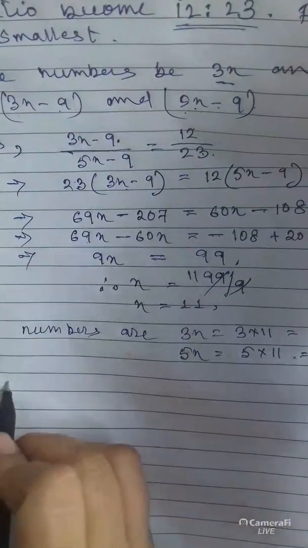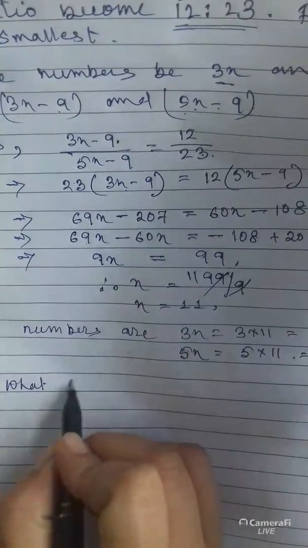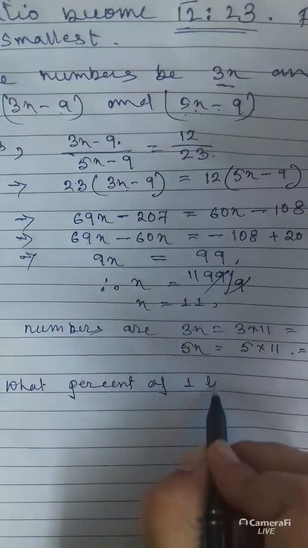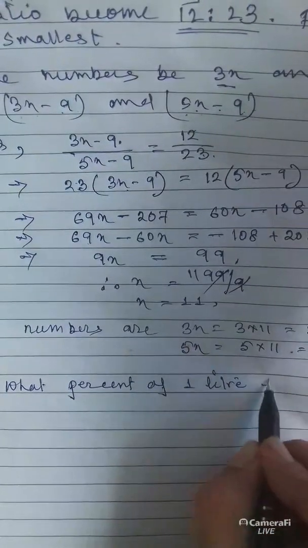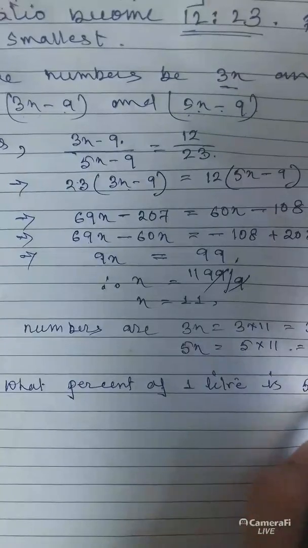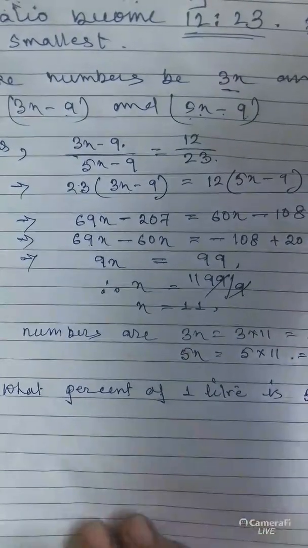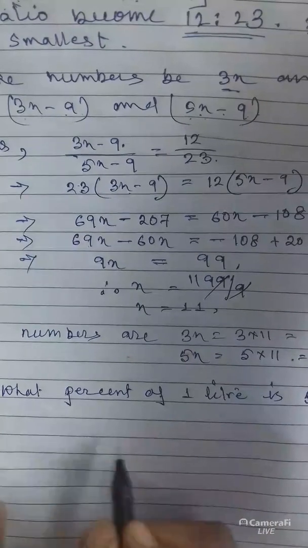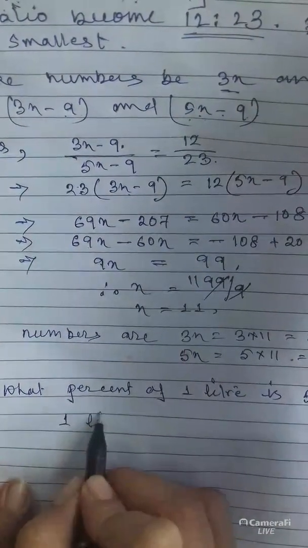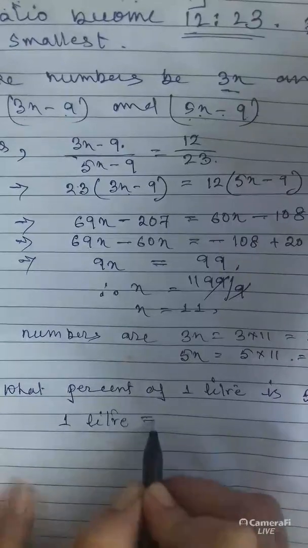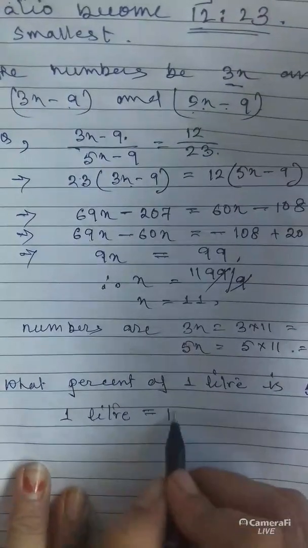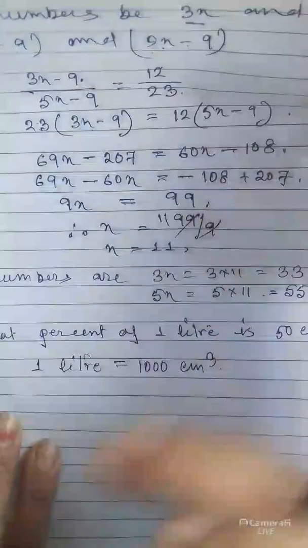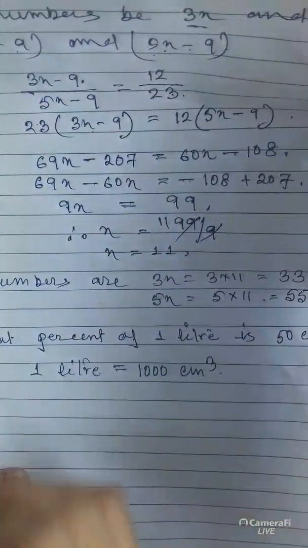What percent of 1 liter is 50 centimeter cube? We know that 1 liter equals 1000 centimeter cube.